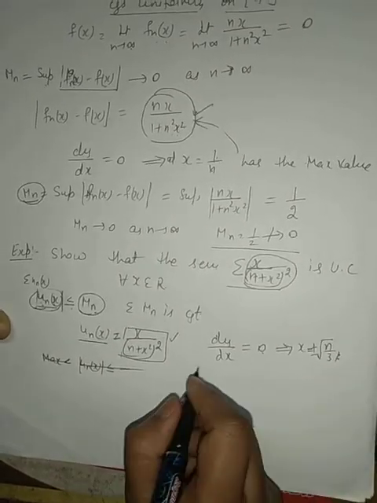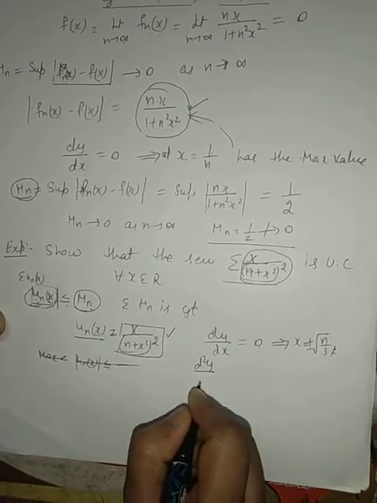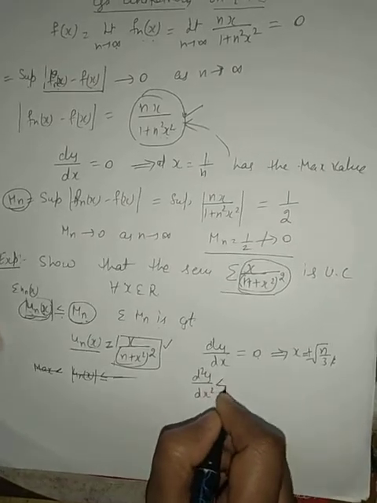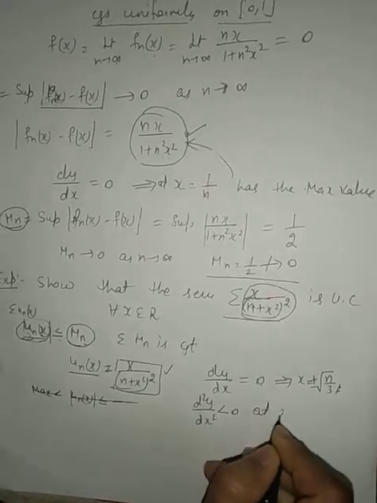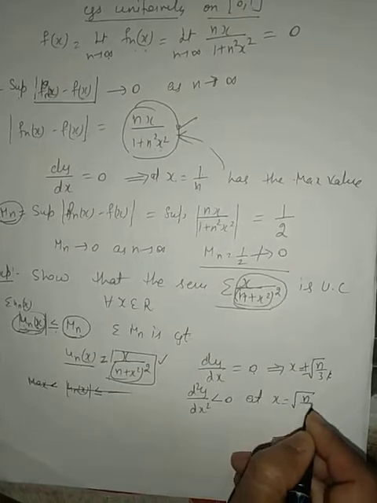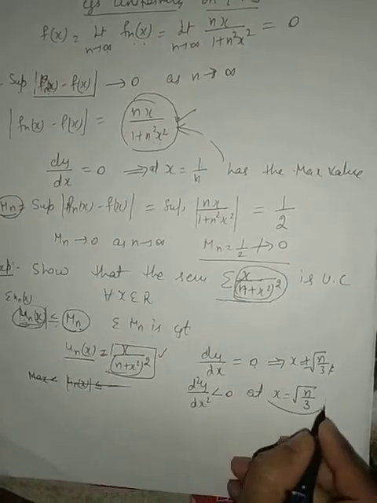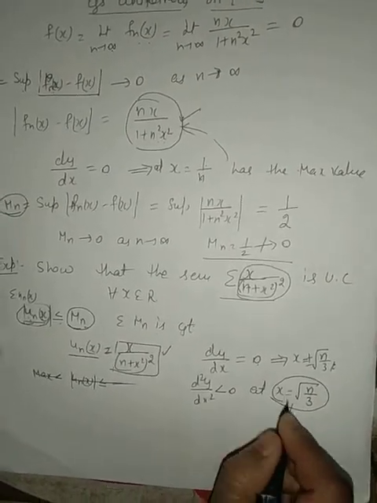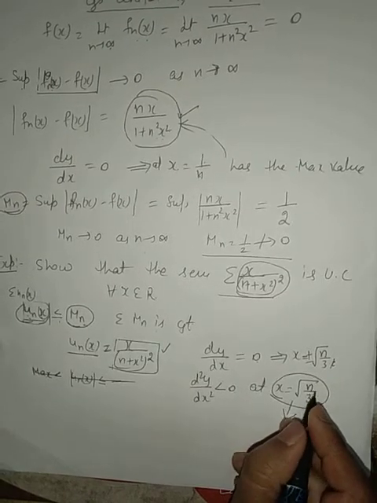Then you find the second order derivative, and that is negative at x is equal to root n upon 3. It means the function has the maximum value at x is equal to root n upon 3.